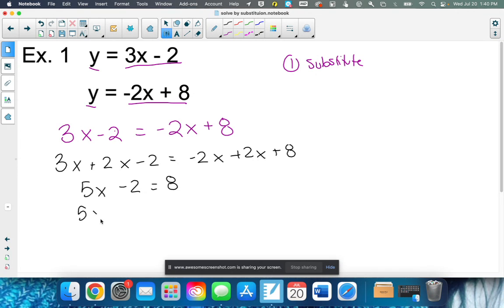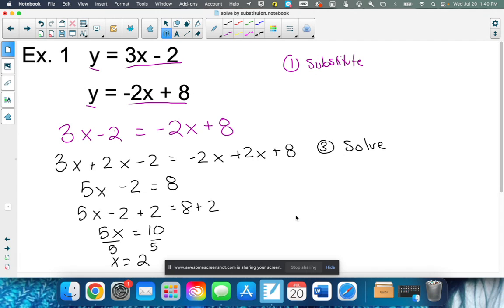And then I'm going to add 2 to both sides. And by the way, yes, this is step 3. I am solving. Okay, so now I have 5x, that's a 0 pair, equals 10. And if I divide by 5 on both sides, I get x is equal to 2. Okay, so I have solved for one variable using the equation.